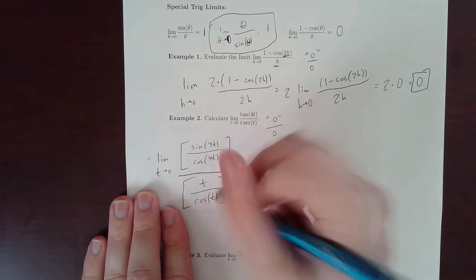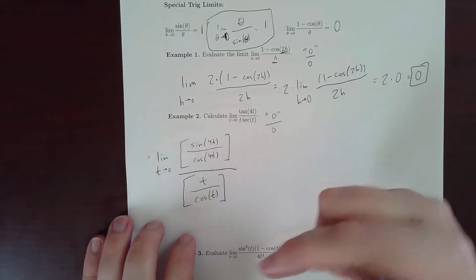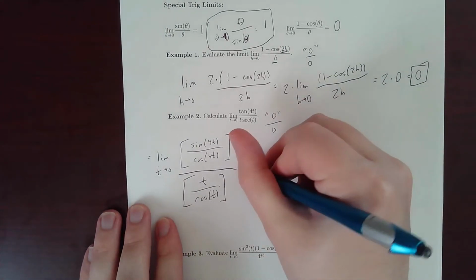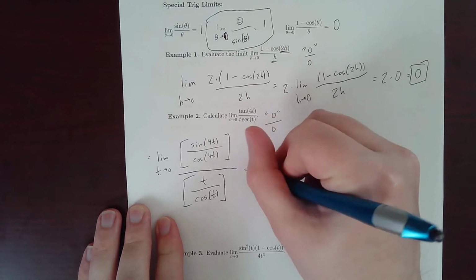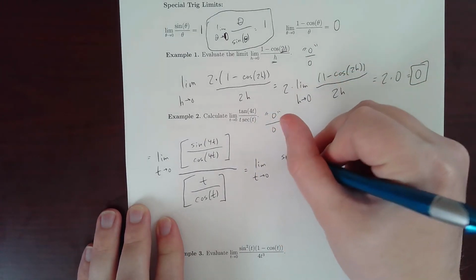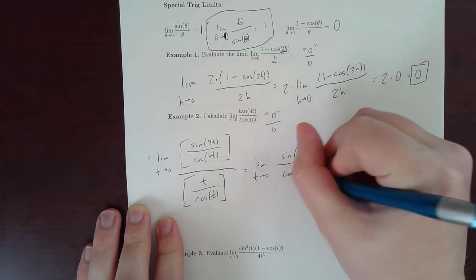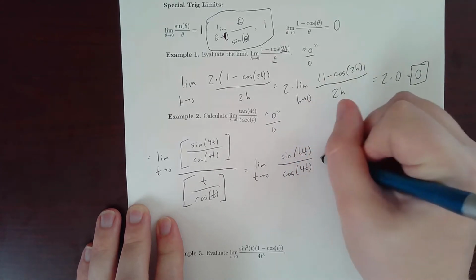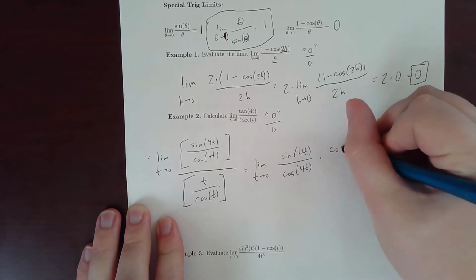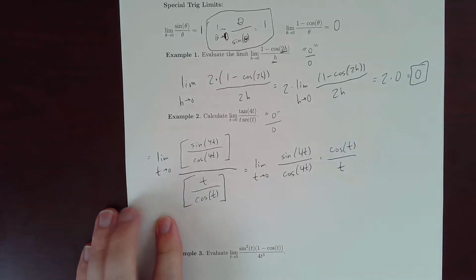Now, if you're dividing two fractions, you can go ahead and rewrite this by multiplying by the reciprocal. And so this is the same as the limit as t approaches 0 of sine of 4t over cosine of 4t times cosine of t over t.